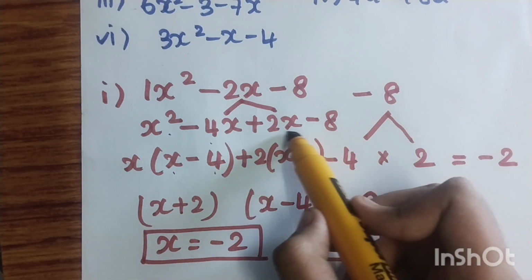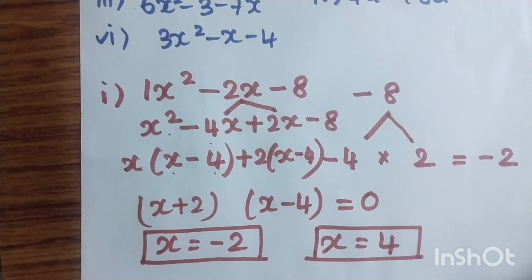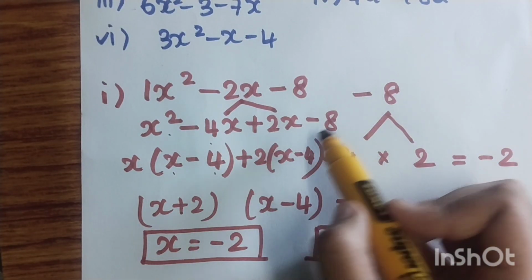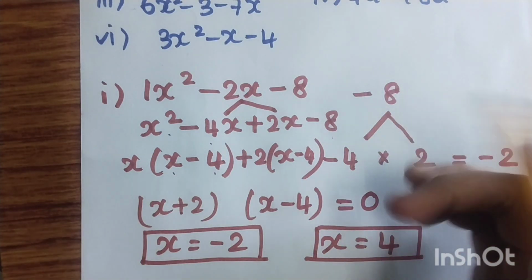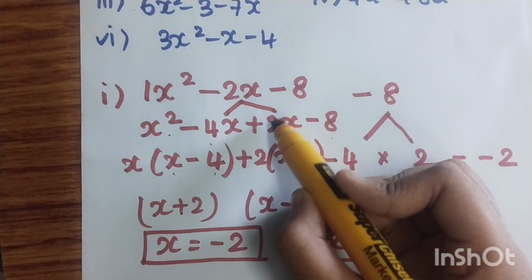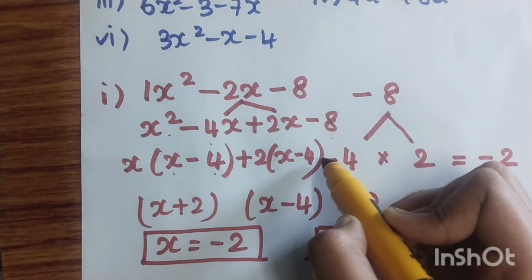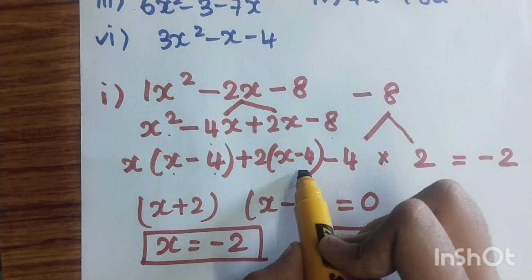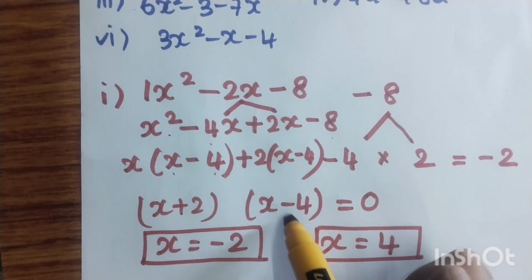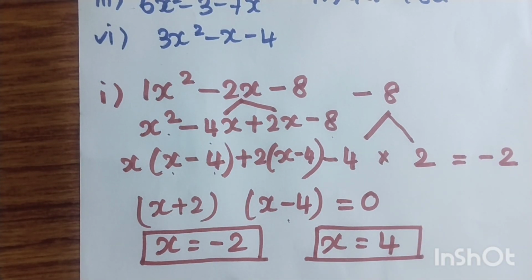Here I can't take x as common because 8 is a constant, it doesn't have the x variable, so I take 2 common. The balance is x, and here 4 2s are 8, so the balance is 4. Then I write x minus 4 and x plus 2 grouped, and equate to 0, so I get my zeros.